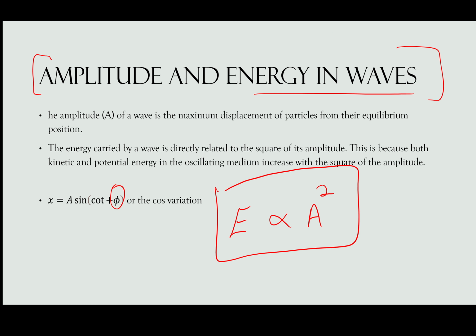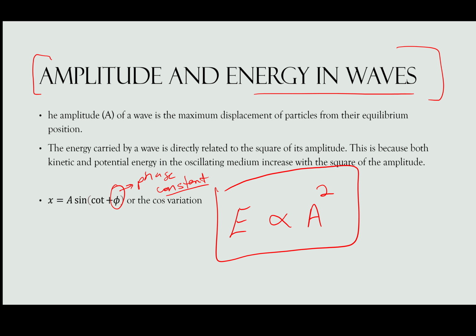This is what we call a phase constant. The gravitational potential energy symbol could be the same, it depends on which textbook uses it.